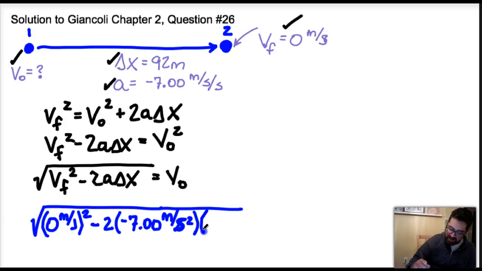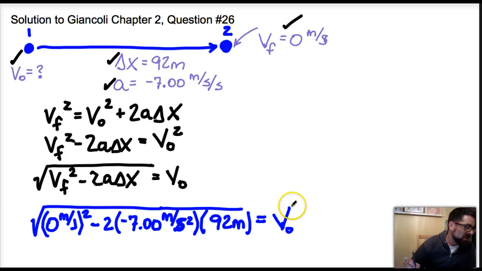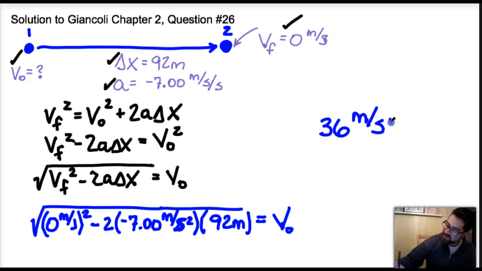And I need to multiply that by the horizontal displacement given to me in the problem as 92 meters. All of that is equal to my initial velocity. Once I throw that into my calculator, I get an initial velocity of 36 meters per second to 2 sig figs.